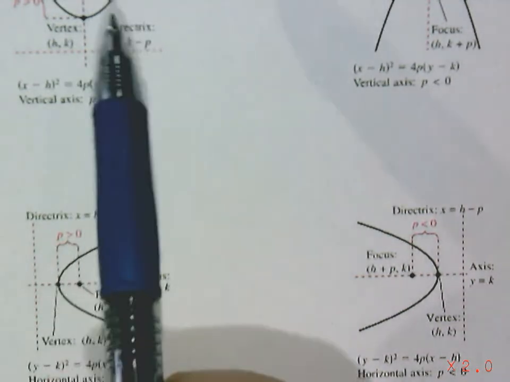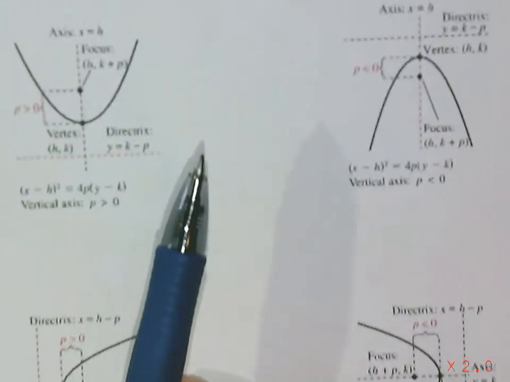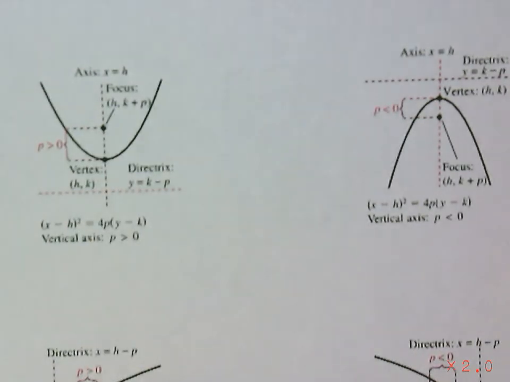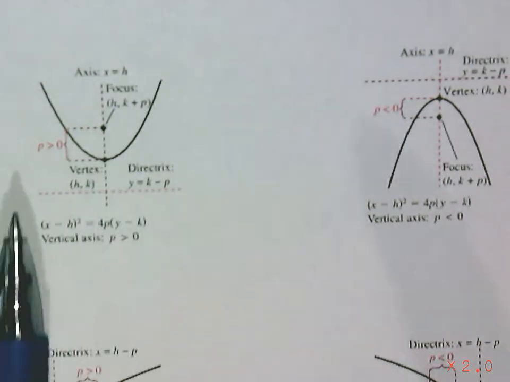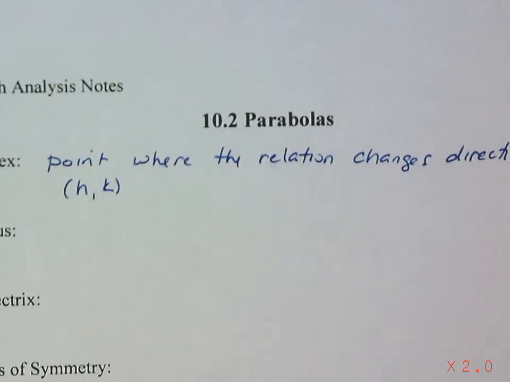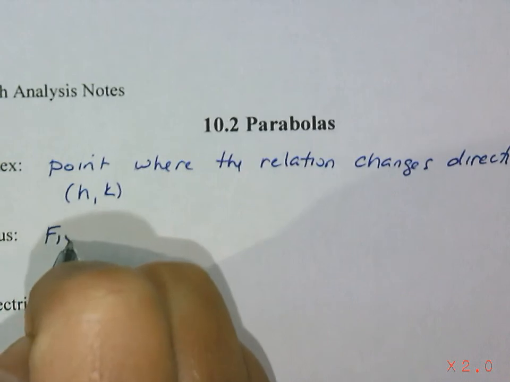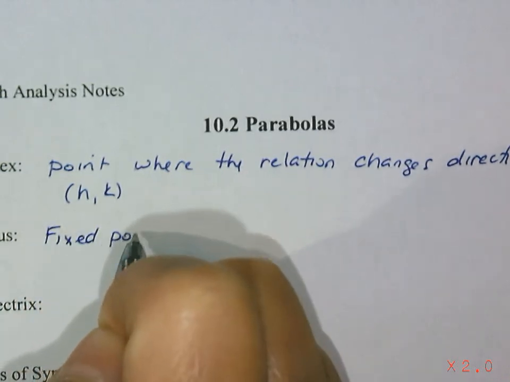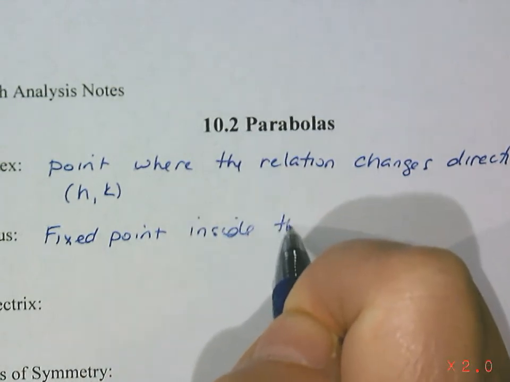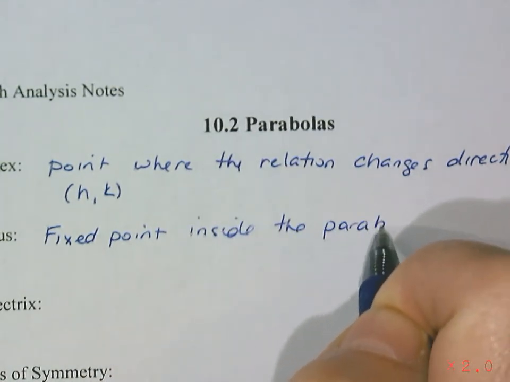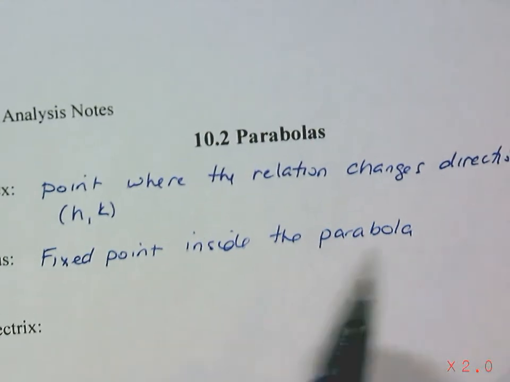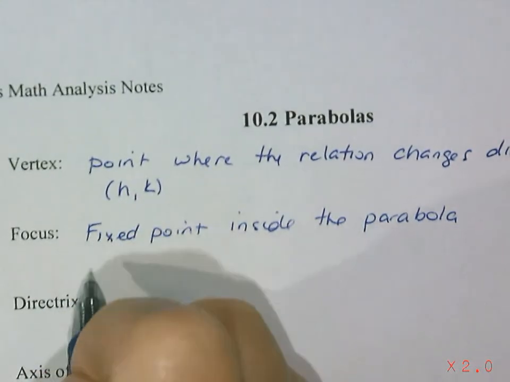So this distance p from the vertex to the focus is how you find the point for the focus. So the focus is also a point inside the parabola. It's a distance p from the center, or from the vertex.